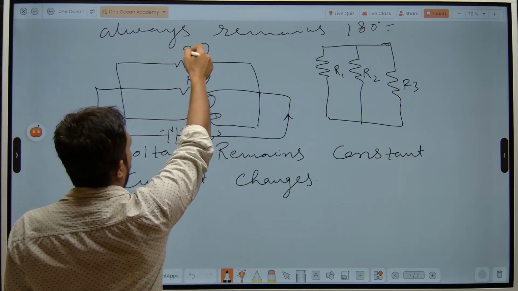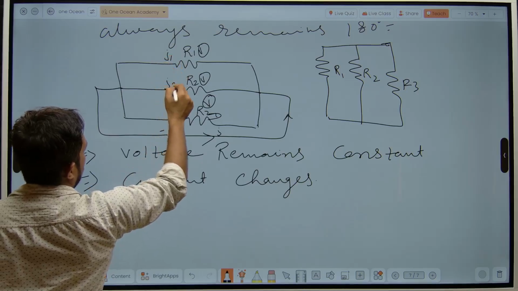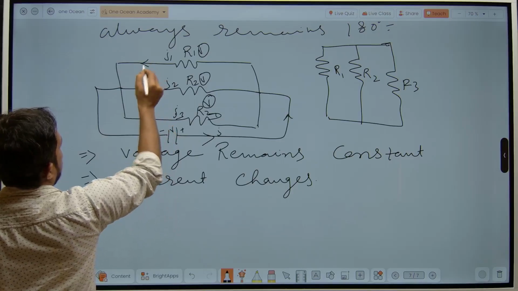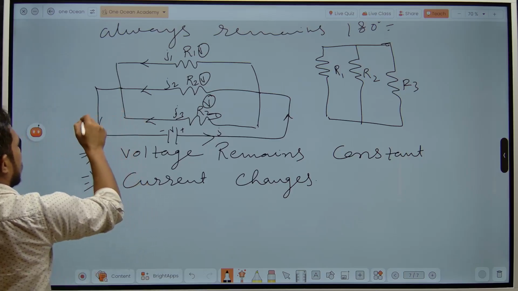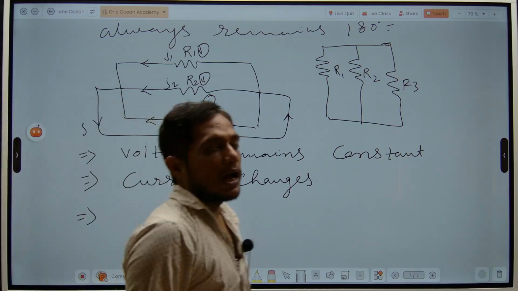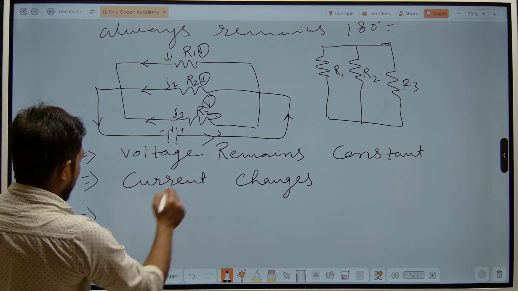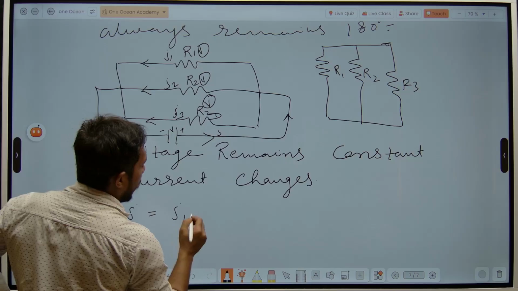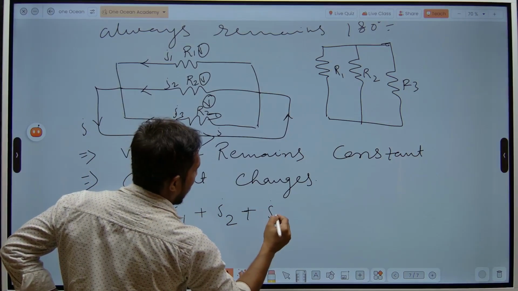So, here it becomes I1, here it becomes I2, here it becomes what? I3. Okay? And now, after the junction, it becomes what? I. That is clear? So, here I is equal to what? I1 plus I2 plus I3.